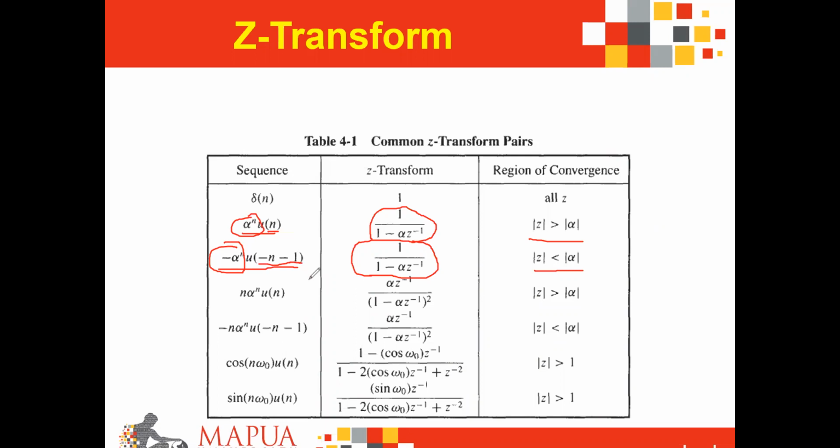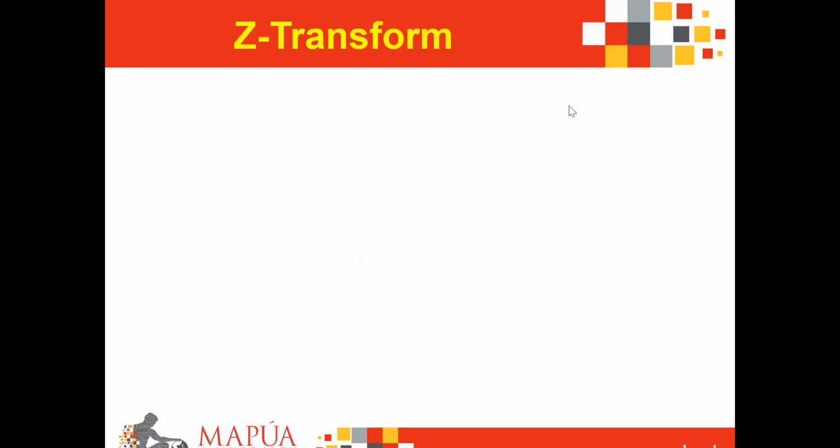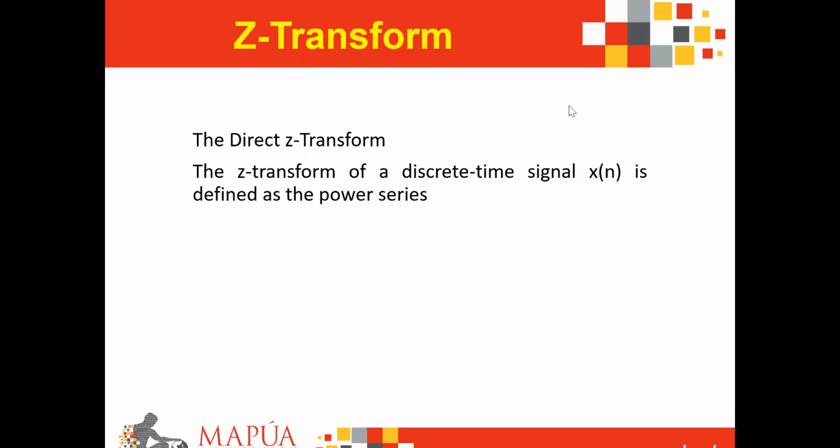Right? It was flipped, then shifted. So what is the Z transform? Like that. Okay? So the Z transform is the same. But do you have a different region of convergence? So let's show that, so you'd know how this was derived.